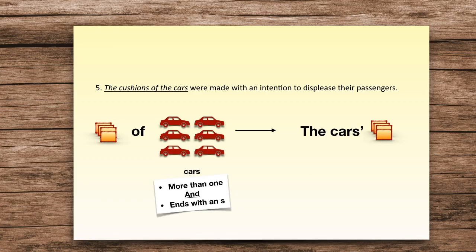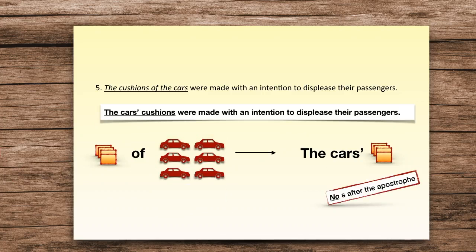So in this case you have cars, just put an apostrophe after cars. You do not need an S after the apostrophe in such cases. So the answer in this case would be the cars' cushions, no S after the apostrophe, were made with an intention to displease their passengers.